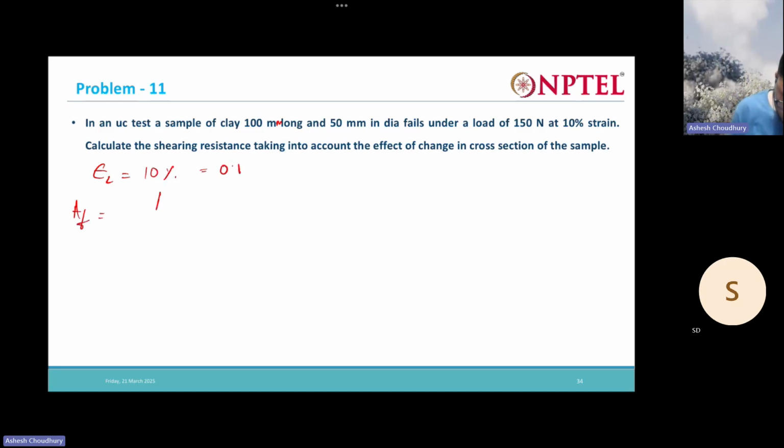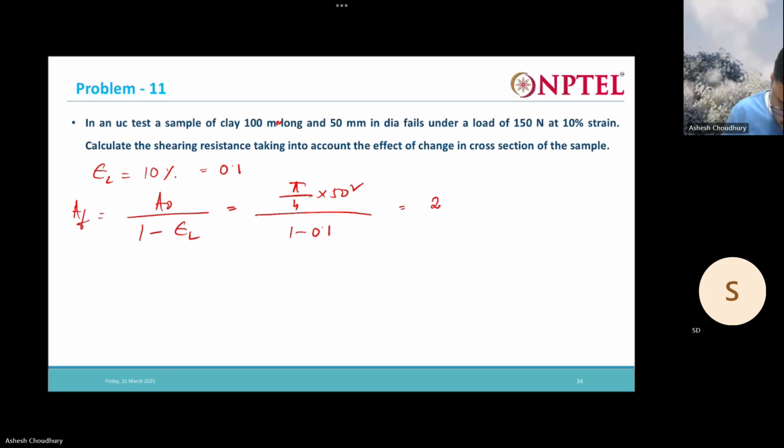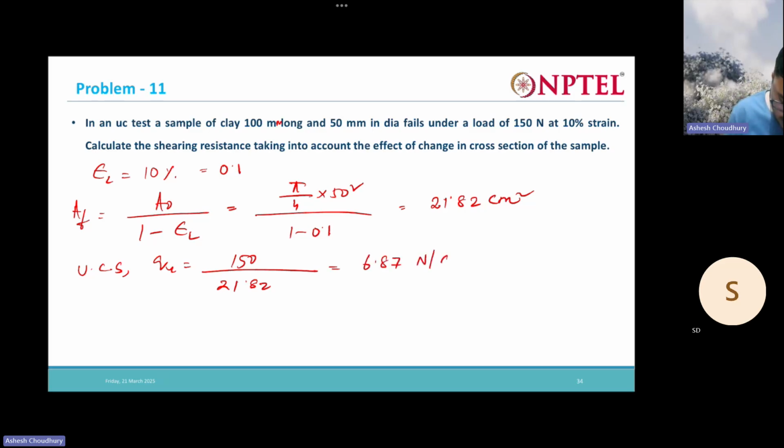So the area is A naught by 1 minus strain, pi by 4 into 50 squared by 1 minus 0.1, which comes out as 21.82 centimeter square.